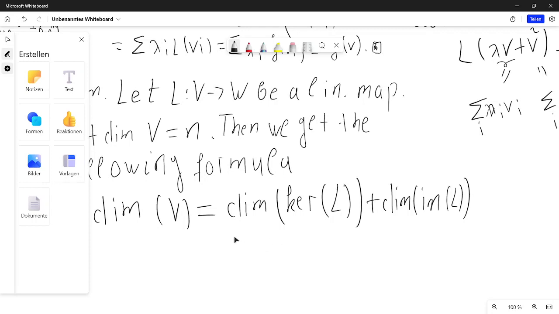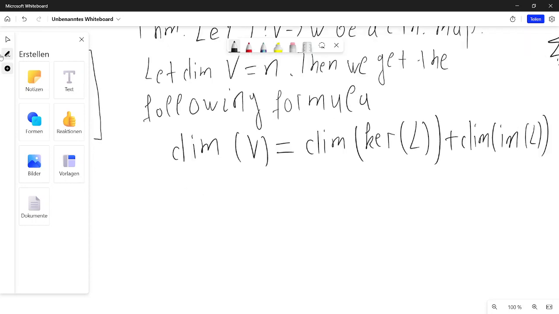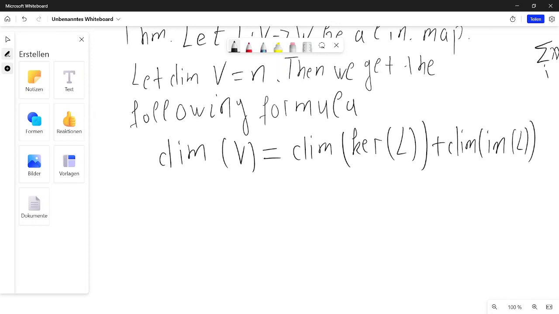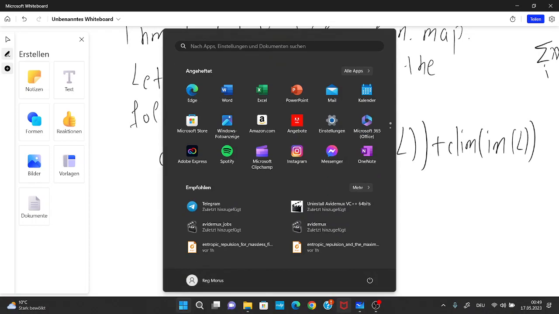Okay, let's not take a bijective map. I have only the idea to take a bijective map, but I don't want to spoil the fun. So let's just get into it. Right, we'll do it in a minute.